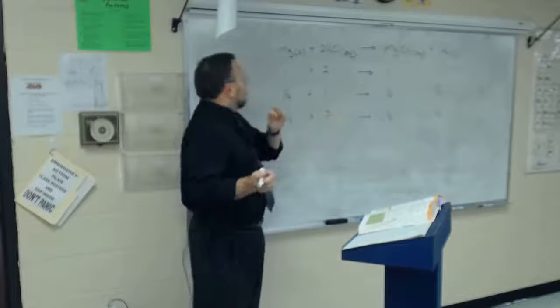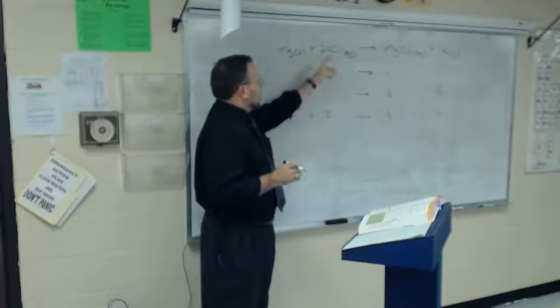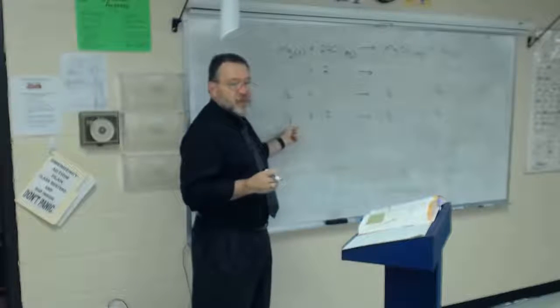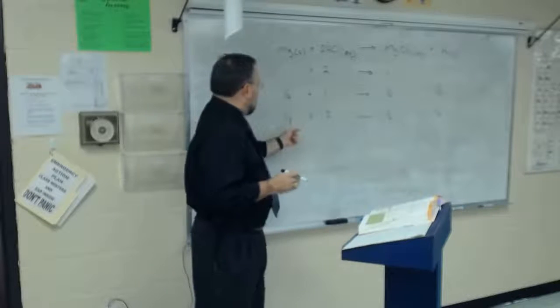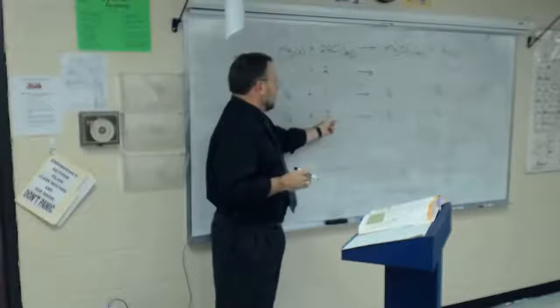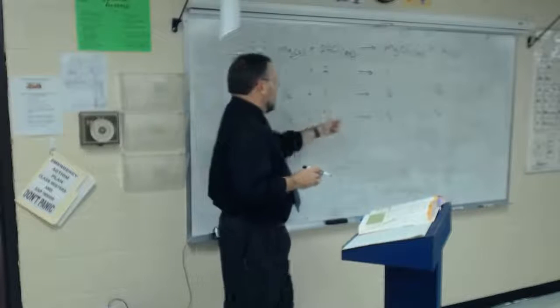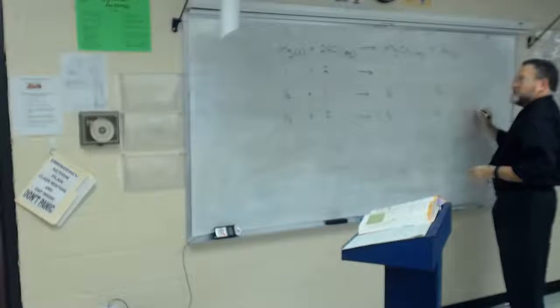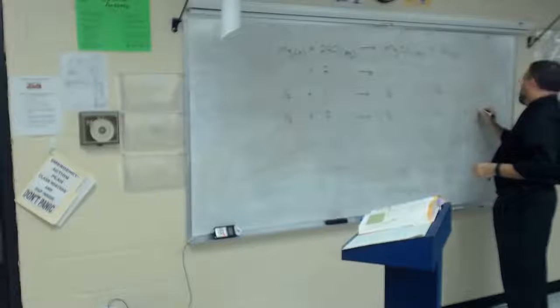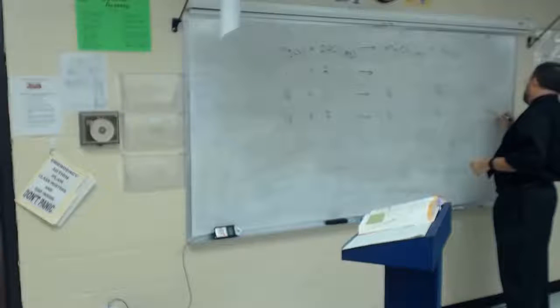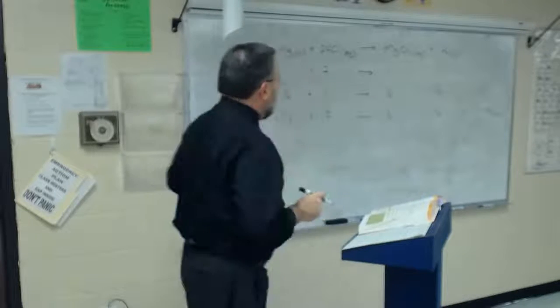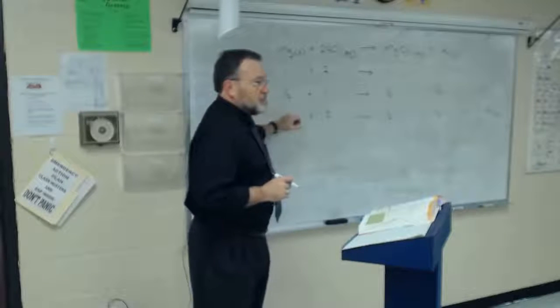I only have enough magnesium to match with hydrochloric acid as will consume the 1/2 mole. That 1/2 mole is going to consume 1 mole here. And so I'm going to have a 1/2 and a 1/2, and then what else? Plus 1 HCl aqueous. Why? I've used up all my magnesium.